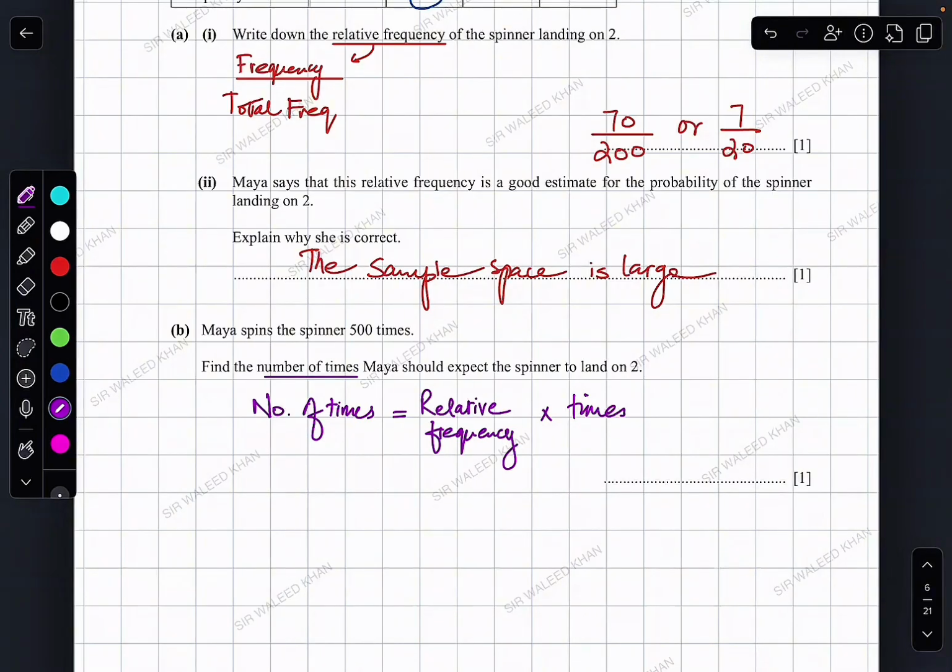Spinning the spinner, that is 500. So we have the relative frequency as 7 by 20 multiplied by the number of times they have spun, 500.